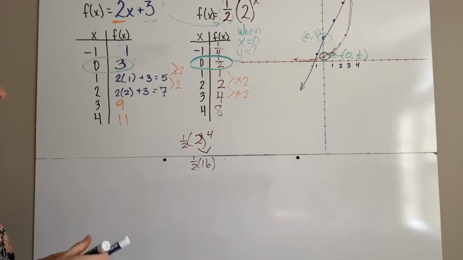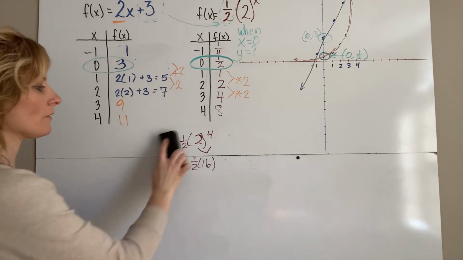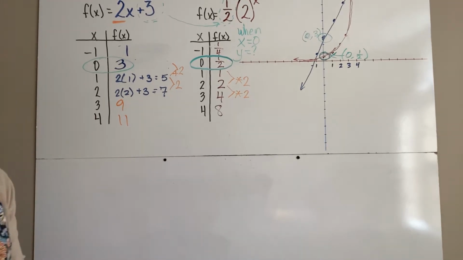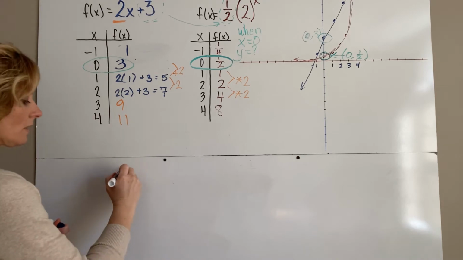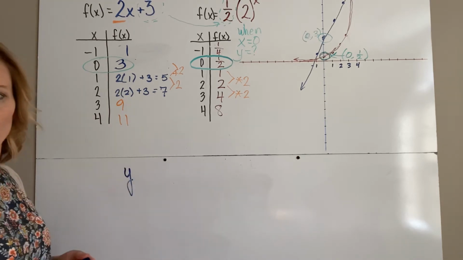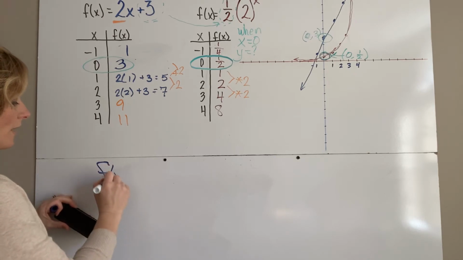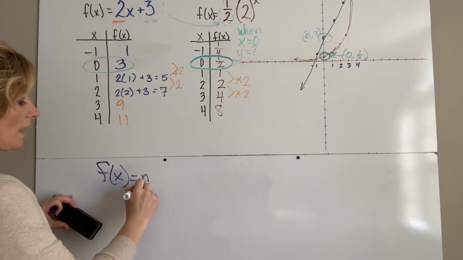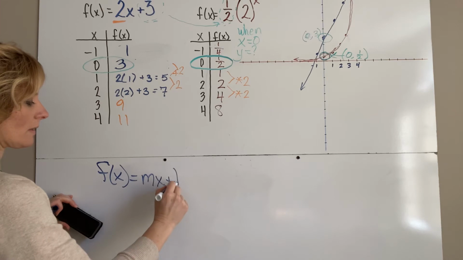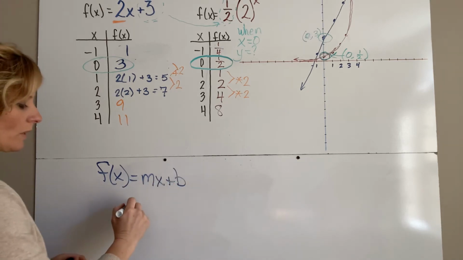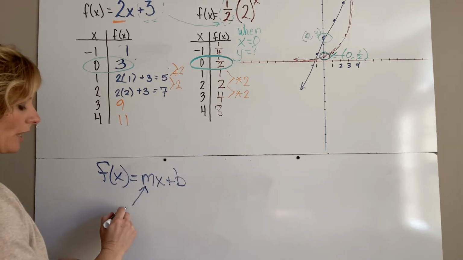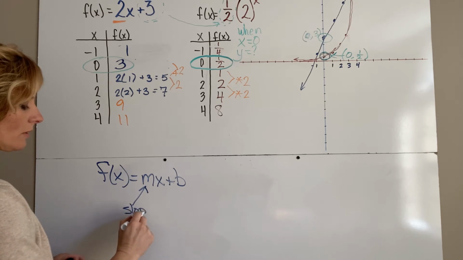Okay, so linear functions versus exponential. We know that a linear function is, well, that's an equation, right? I'll do a function, f of x. f of x equals mx plus b. Right, this is what we know, this is what we've been doing, this is what we're good at. This is the slope.